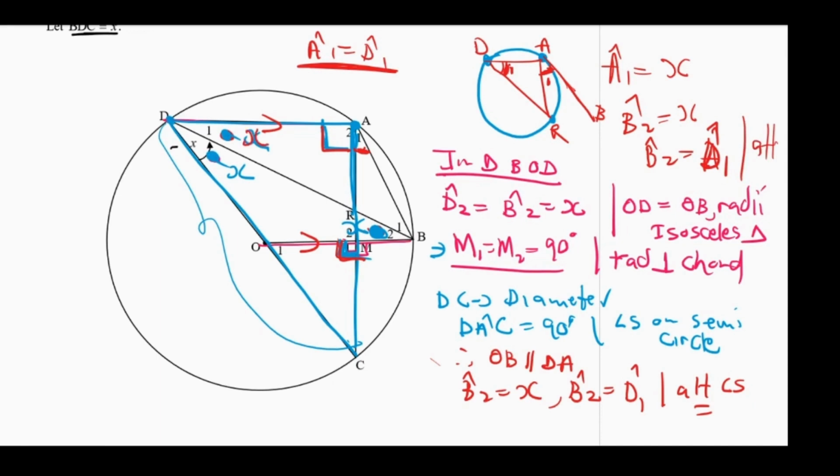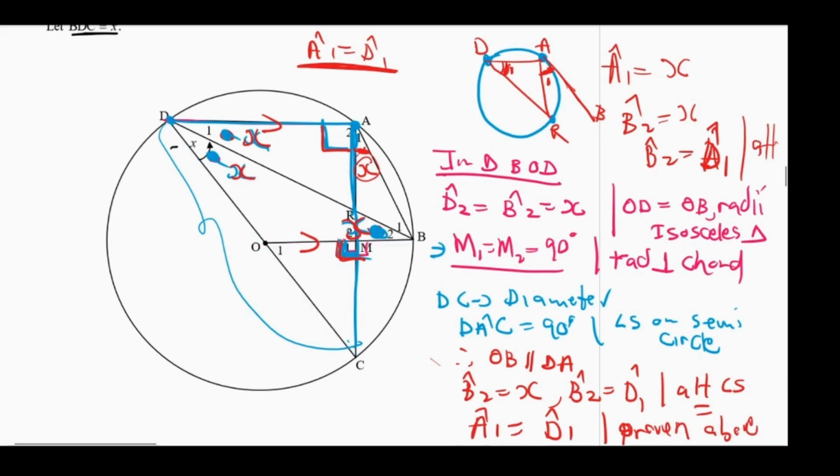So this is X, this is X, this is X, and this is X. So you can just conclude and say A1 is equal to angle D1, and then you write proven above.